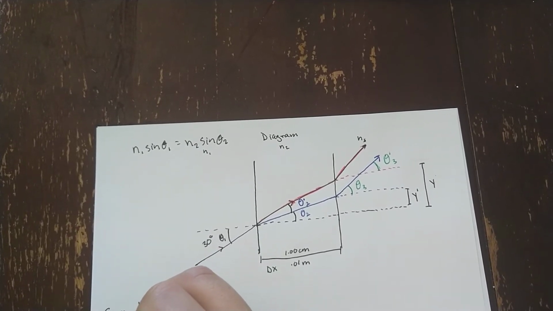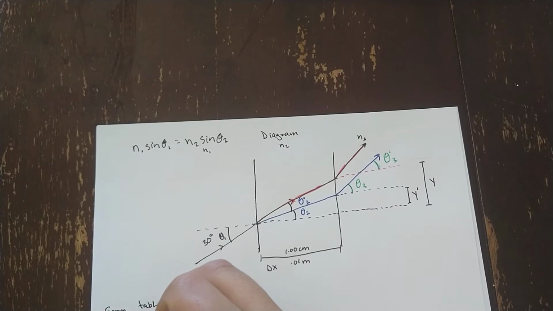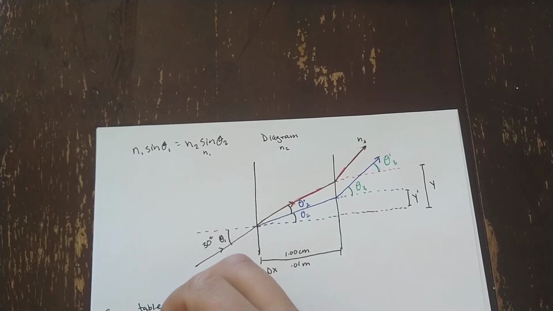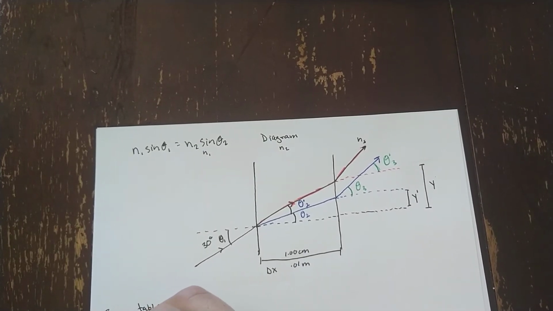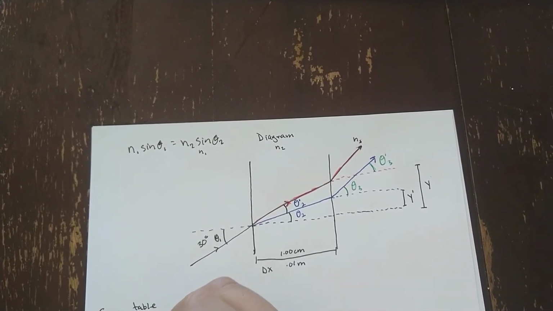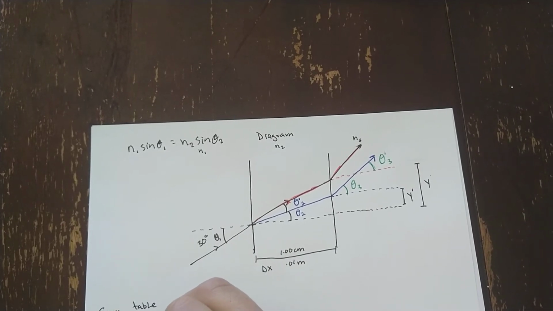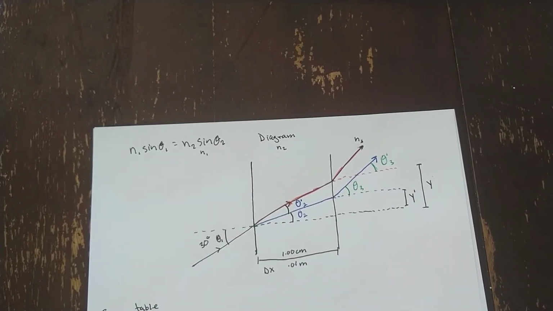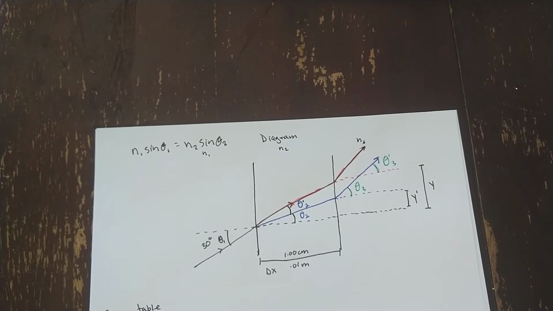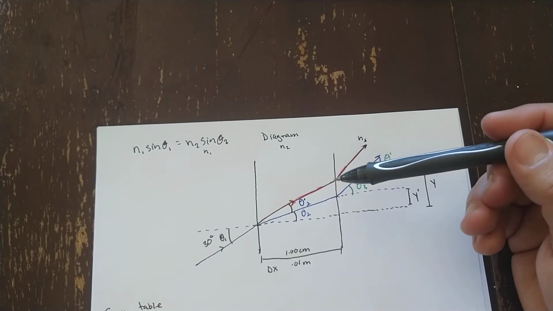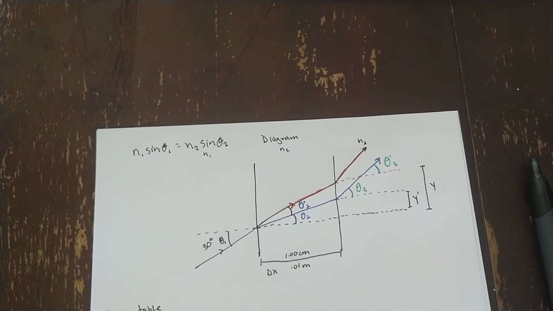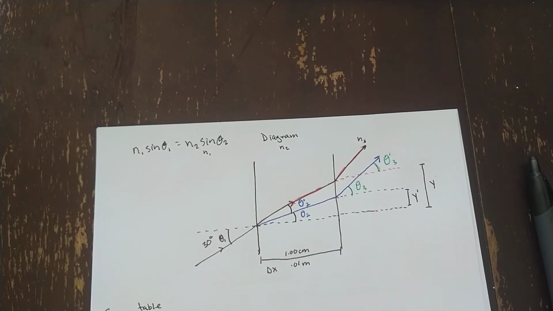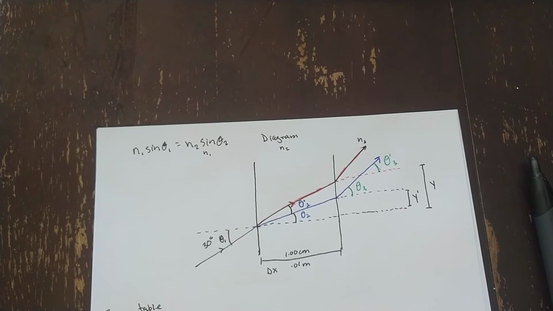N2 is 1.512, and N prime of 2 equals 1.524. The reason it's slightly different is that we're talking about two different wavelengths, the red and the blue wavelength. And we're using medium crown glass.